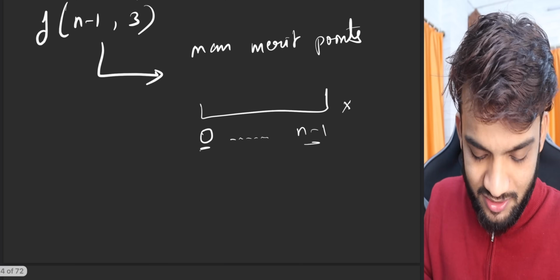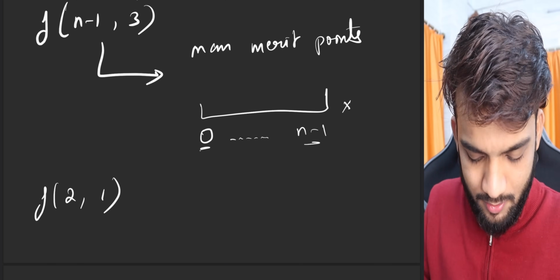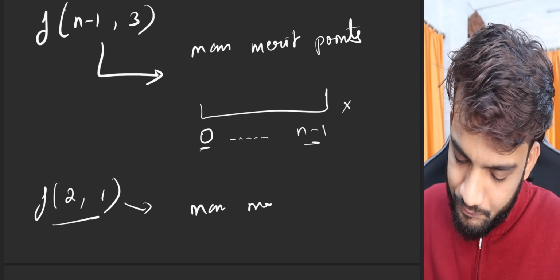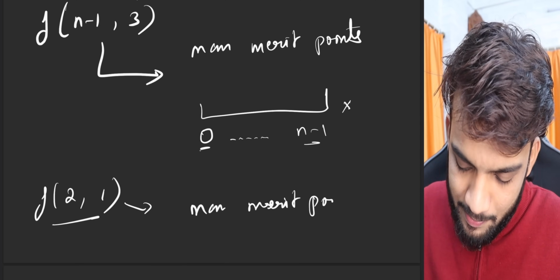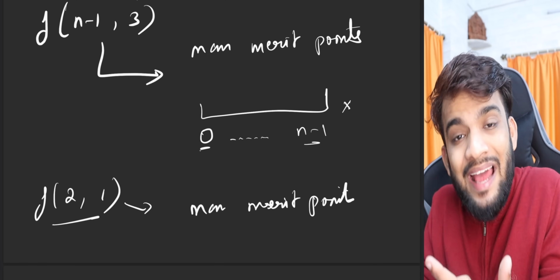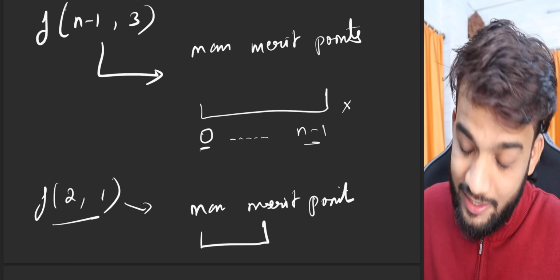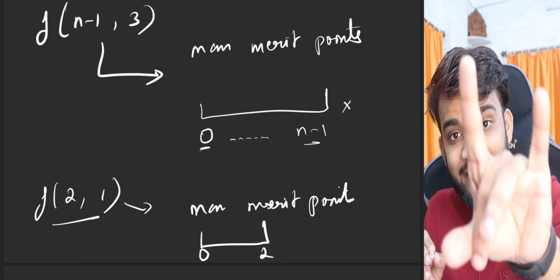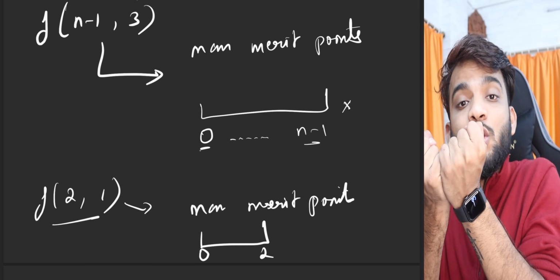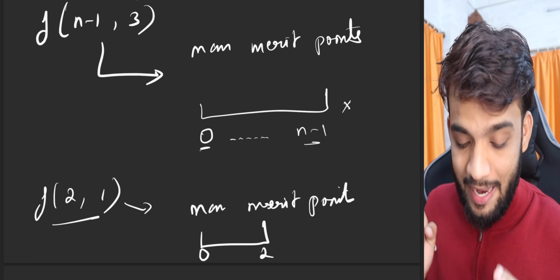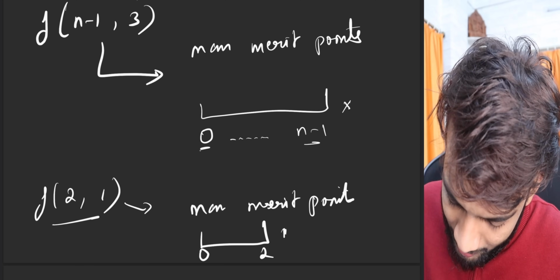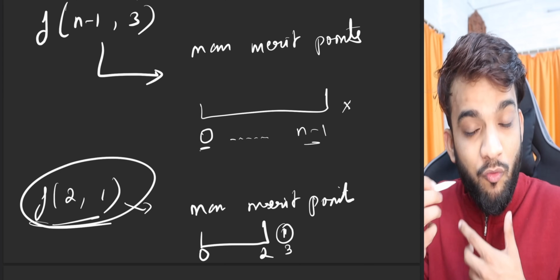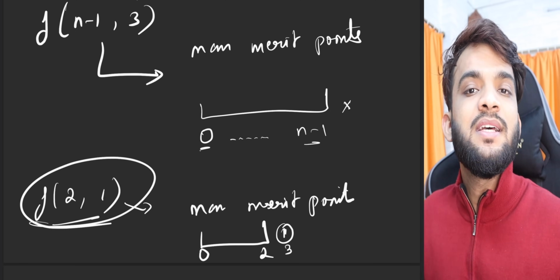So if someone writes f of 2 comma 1, it means give me the max merit points that you can get if you perform tasks from 0 to the second index, given that you performed task 1 right at the third index. This is what f will be signifying. I hope that makes sense.